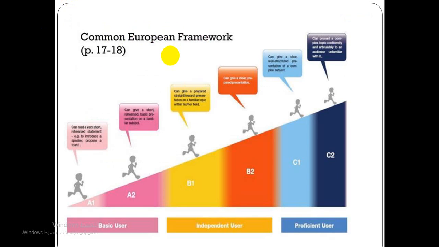The result of this is the Common European Framework, which is a document setting out in detail what students can do at various levels, and a series of Association of Language Testers Europe levels ranging from A1, roughly equivalent to the elementary level, to C2, which is very advanced.